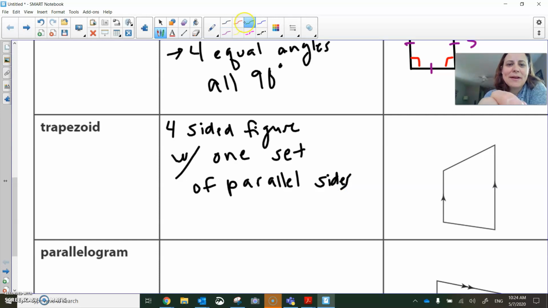And the way they mark parallel sides is they mark them with arrows. It doesn't mean they're the same length, it just means that they're going the same direction.